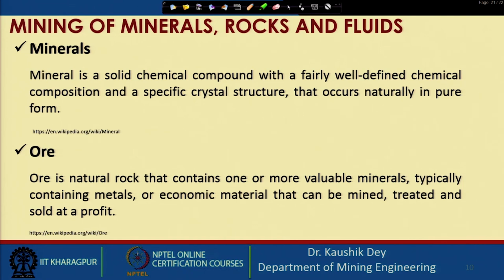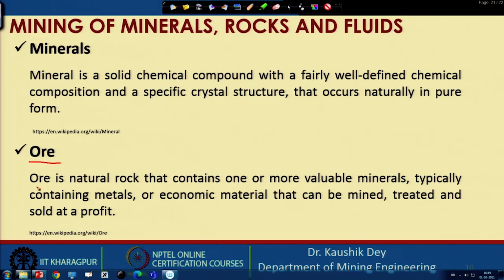We will go for mining of the mineral only when the composition or the occurrence of the mineral in the rock is interesting and can be excavated economically. In that case that mineral is called ore.